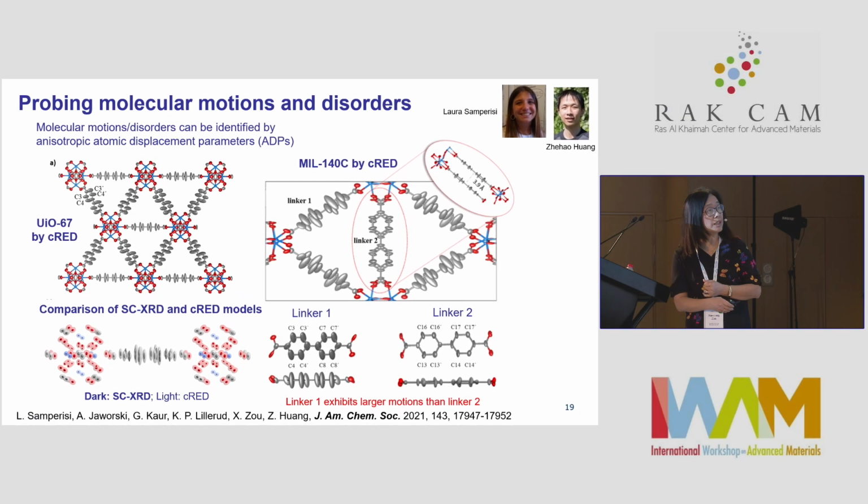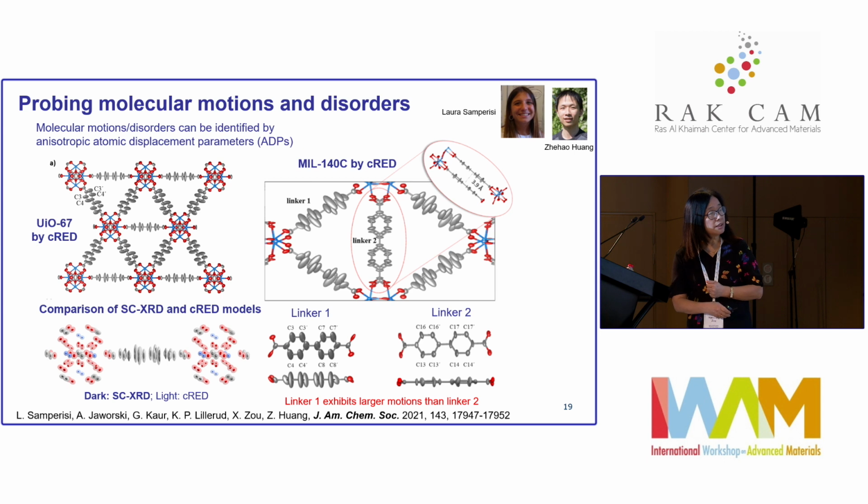In this case, linker 1 has a motion, it vibrates here, while linker 2, because of pi-pi stacking, is more stable. Because the data is so good, it's possible to really see these differences between the structures.